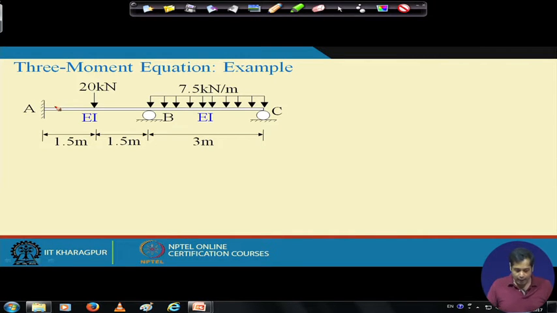Now, what is the static indeterminacy of this problem? If we remove B and C, then it becomes a cantilever beam, which is determinate and stable. The presence of supports at B and C makes the structure indeterminate. So, in this case the static indeterminacy NS is equal to 2. So, we expect 2 redundant forces.